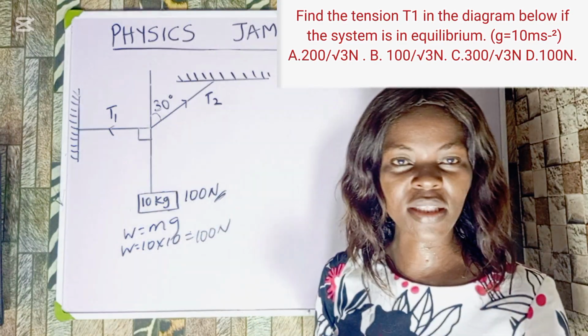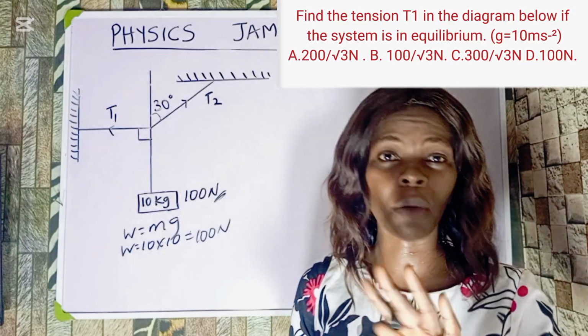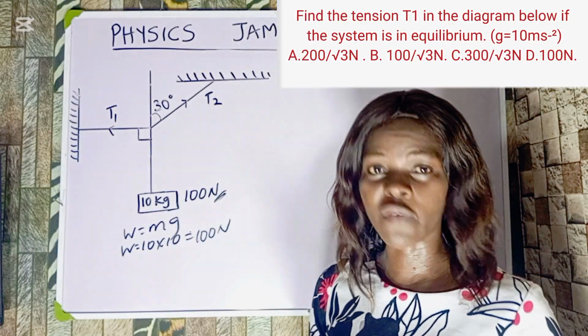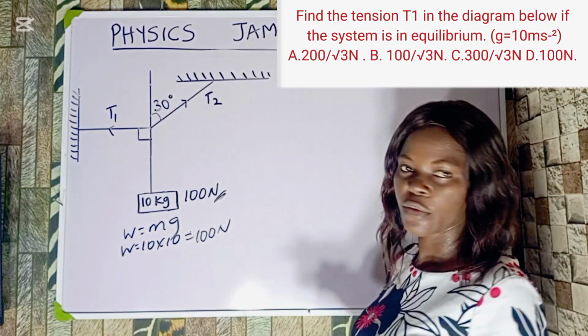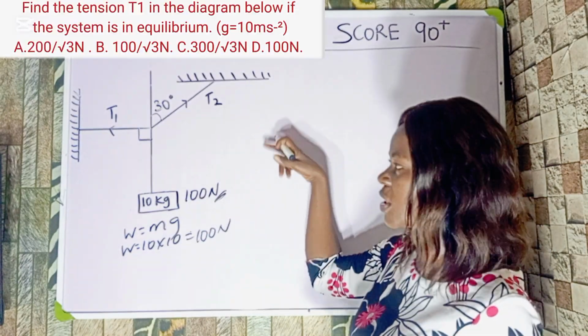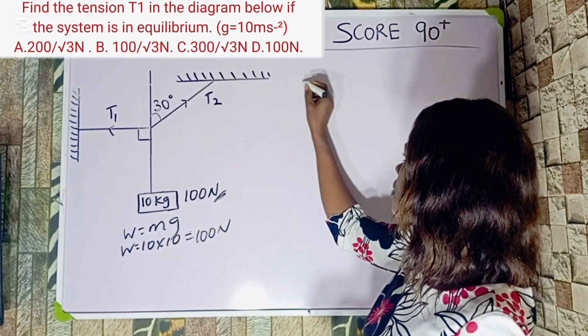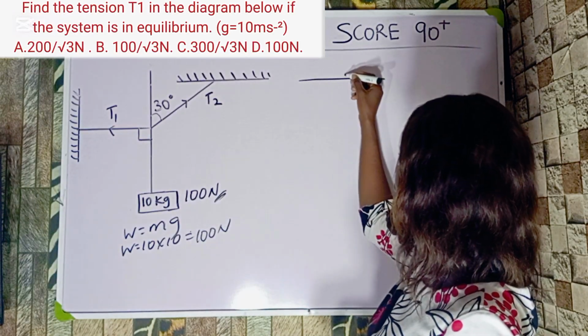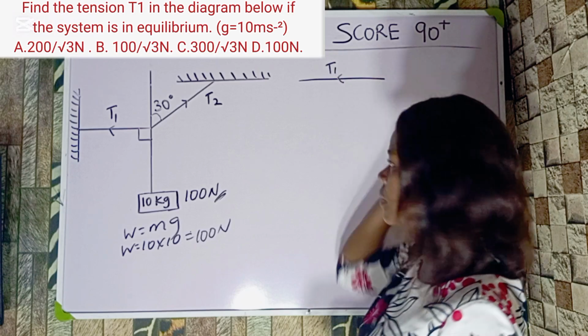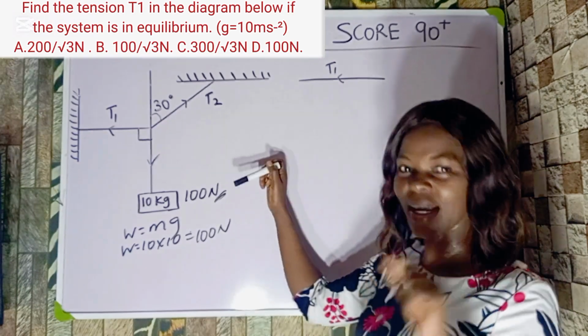So the second step you're going to take is to resolve it to form a triangle using the principle of triangle of forces. So how do we resolve it? Watch out and see what happens. We're going to start with the tension T1. It is in a horizontal direction and it is moving this way, right? So let's go. Now I have, this is T1, right? Now look at this, 100 Newton is acting downwards.